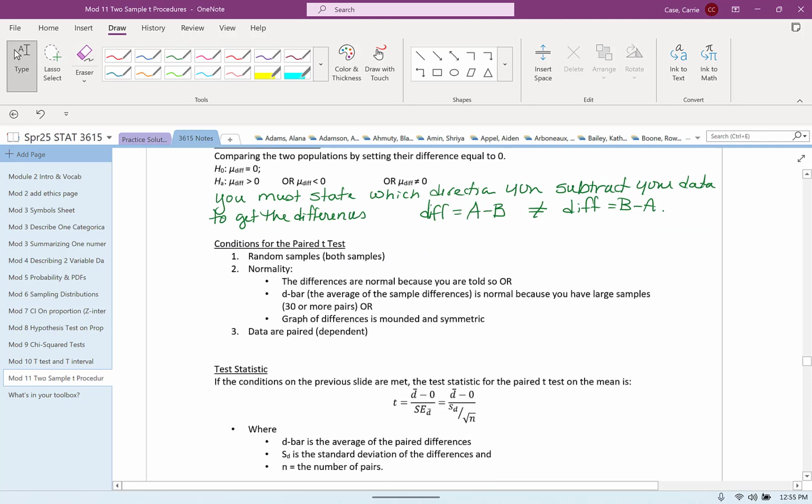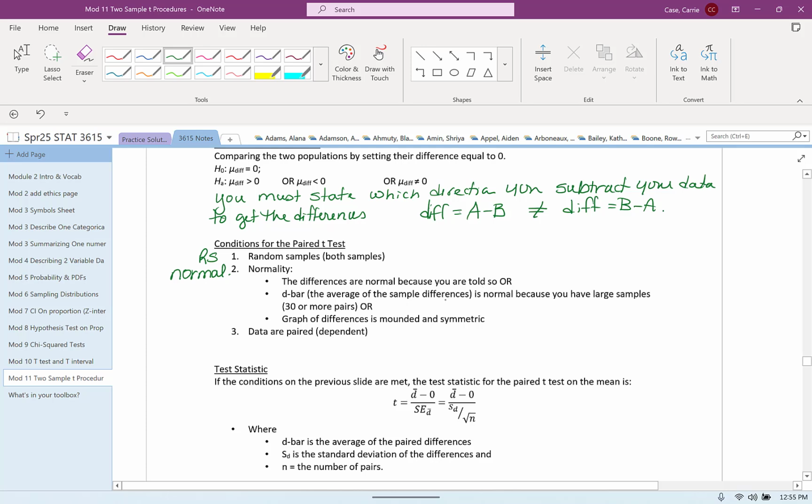So the conditions are that we have random samples. Both samples are random, just random sampling like we normally have. Normality can be met in one way or another. The differences are normal because you're told so.